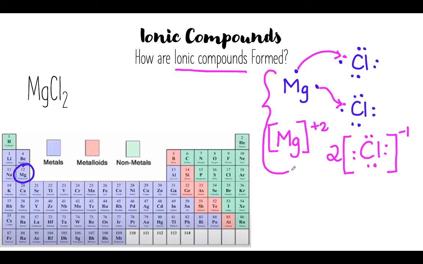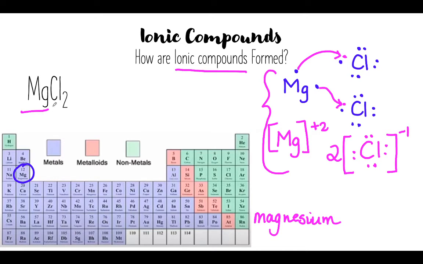Okay, so now moving forward, let's name this compound. And when you're naming ionic compounds, you always want to keep the first element as is. You're not changing anything about it. So the first element is going to be magnesium, right? And that doesn't change. The second element is chlorine.